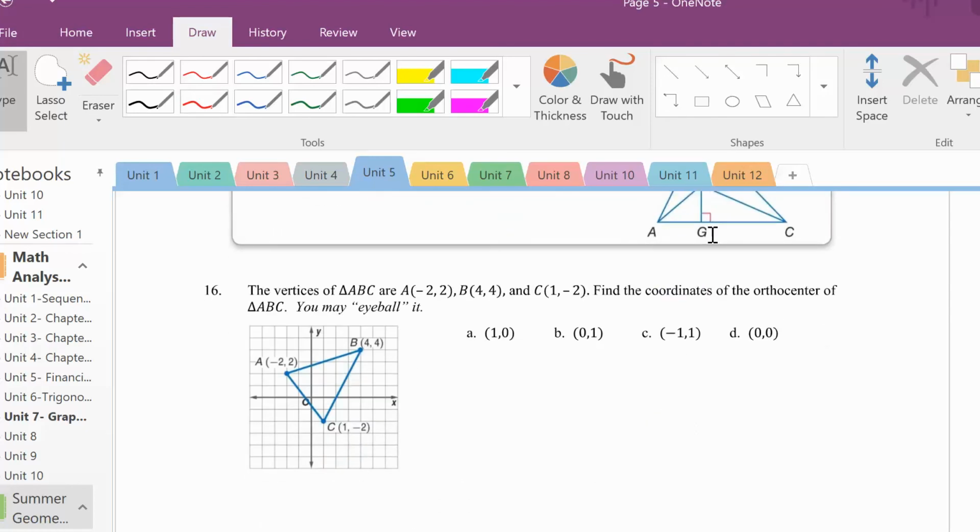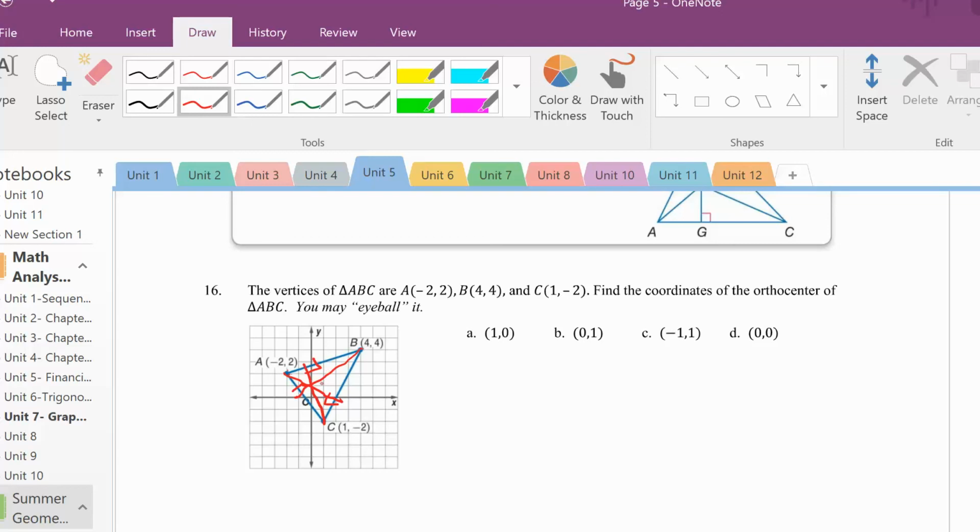The vertices of triangle ABC are (-2, 2), (4, 4), and (1, -2). Find the coordinates of the orthocenter of triangle ABC. You may eyeball it. So if you were to draw the altitudes, it would be about there, and then there, and up there, like there.